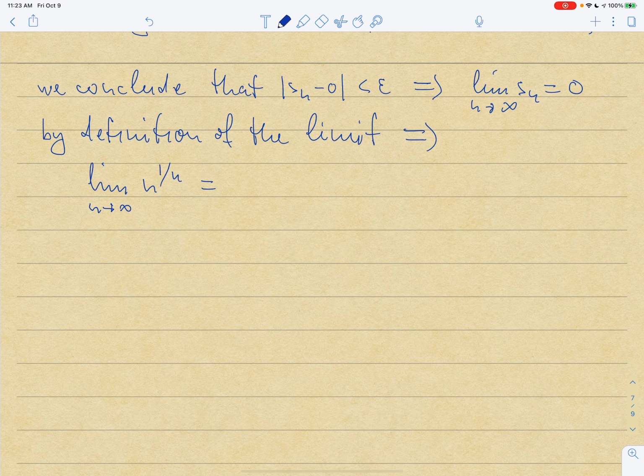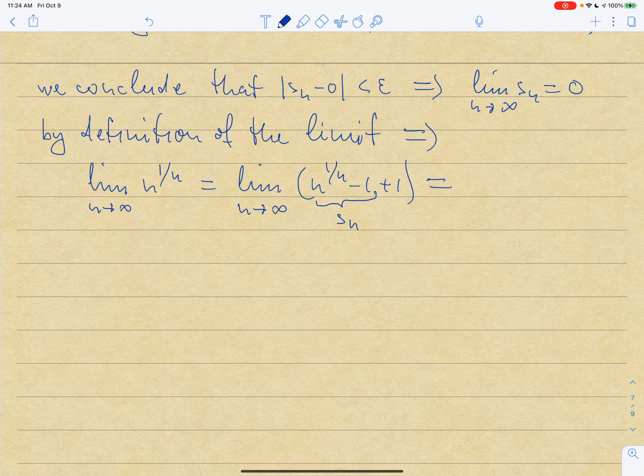That should be the same thing as the limit as n goes to infinity of n to the 1 over n minus 1 plus 1. I'm simply adding and subtracting 1. And then this quantity is Sn.